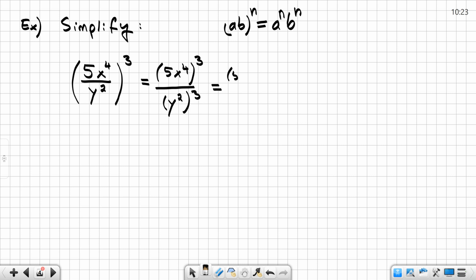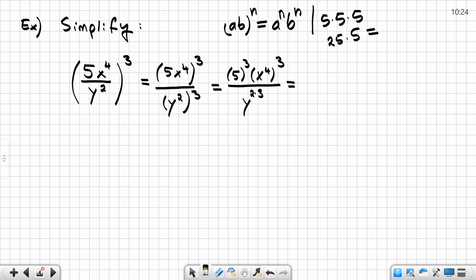So we are going to get 5 raised to the third, x to the 4th raised to the third. And in the denominator, I'm already going to do this. This is y raised to the 2 times 3. So 5 raised to the third power is 5 times 5 times 5, and that is 25 times 5, which is 125.